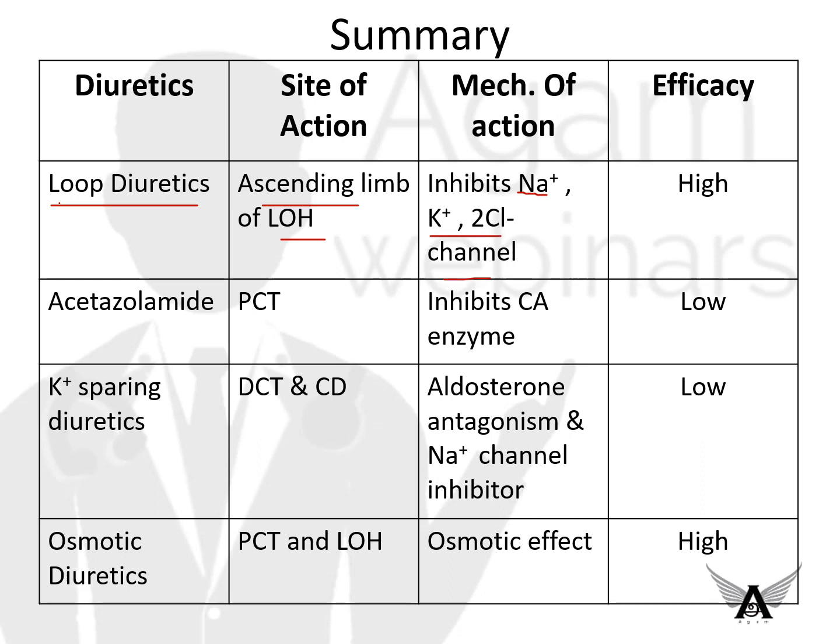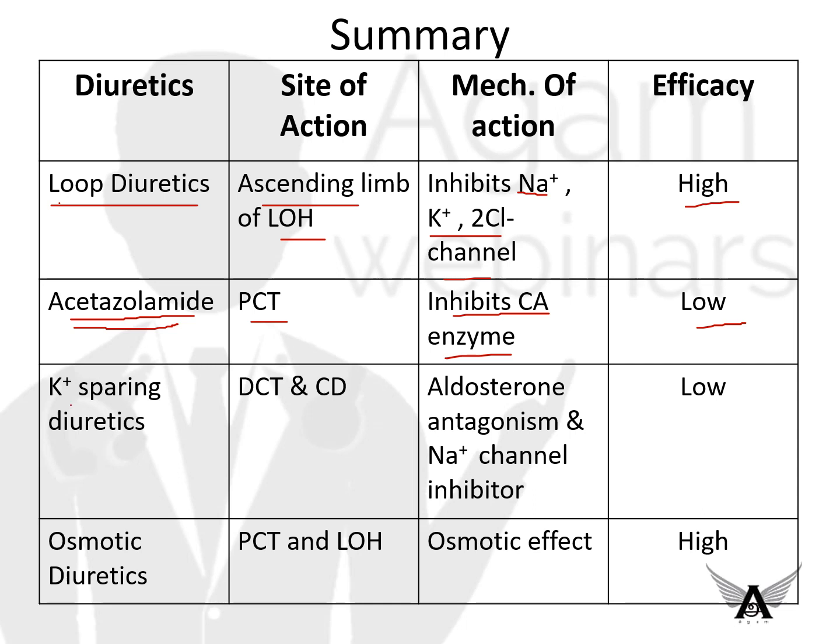The efficacy is high. Acetazolamide is a weak or low efficacy diuretic. It acts on the proximal convoluted tubule and inhibits the carbonic anhydrase enzyme, so it is also called a carbonic anhydrase inhibitor.